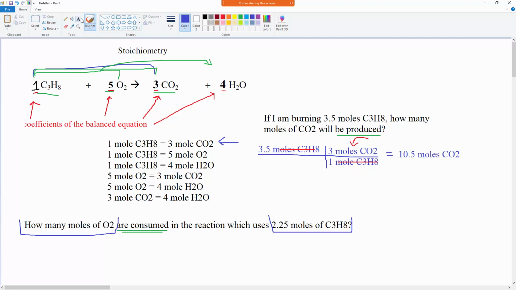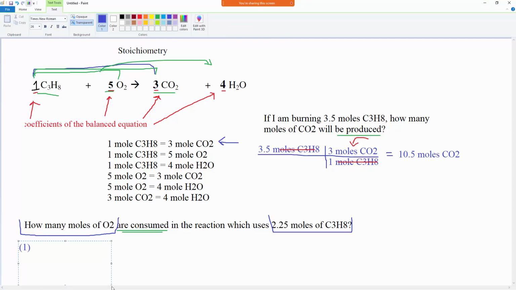So if we focus in on those, then we can note again, step 1, what we're looking for is moles of oxygen. And step 2, we were given 2.25 moles of C3H8. And we've got our conversion factor, which is what? 1 mole of C3H8 is equal to 5 moles of oxygen.